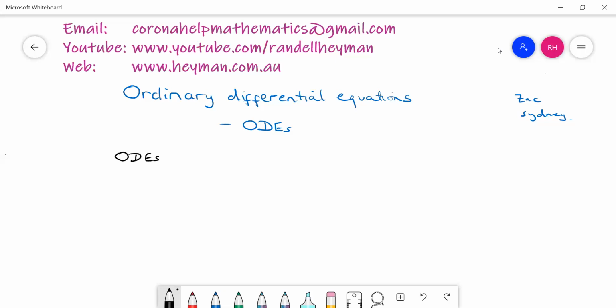So what are they? Let's do it this way. I'll make that a heading. The first thing that we need is an independent variable. Here I'm just thinking of something like x, for example x.